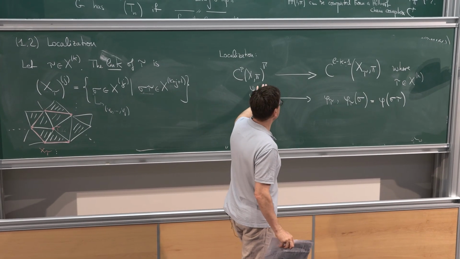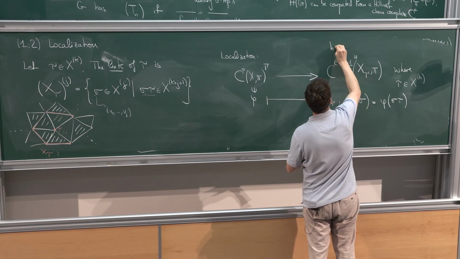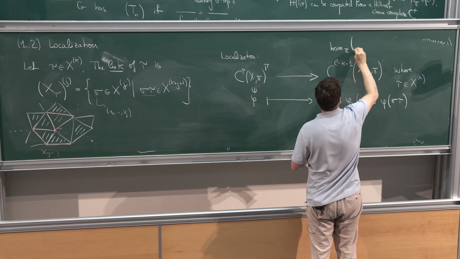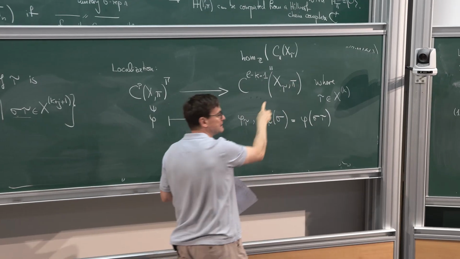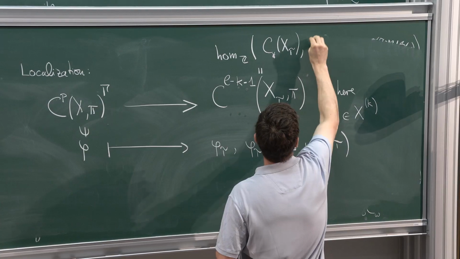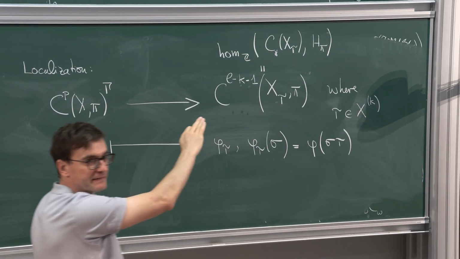And when I write this, let me explicitly say what is written here, because you see there is no gamma, and that is correct. So here I really mean the simplicial chain complex of the link. The link is something finite. And there is no equivariance here.